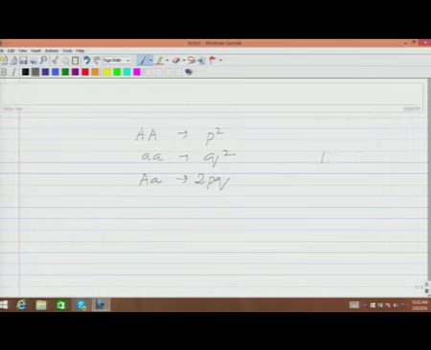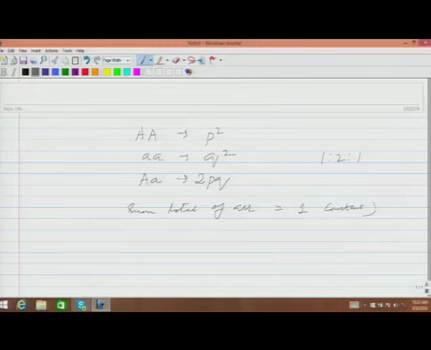We have seen the ratio 1:2:1. So, this allele will be in one frequency, this will be AA, and the heterozygous one. Now, since in the equilibrium the frequency of occurrence of all the alleles is constant, we can say that the sum total of all these alleles should be equal to 1, because it remains constant.